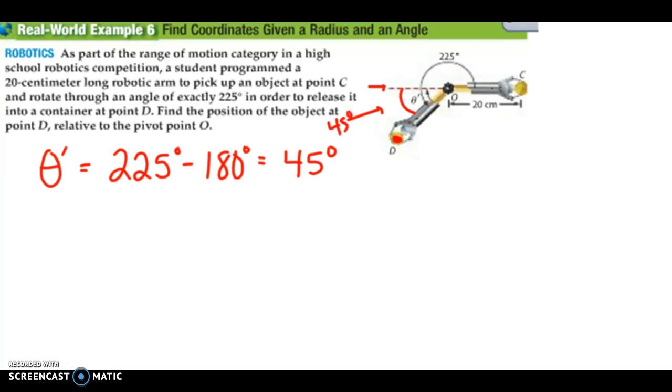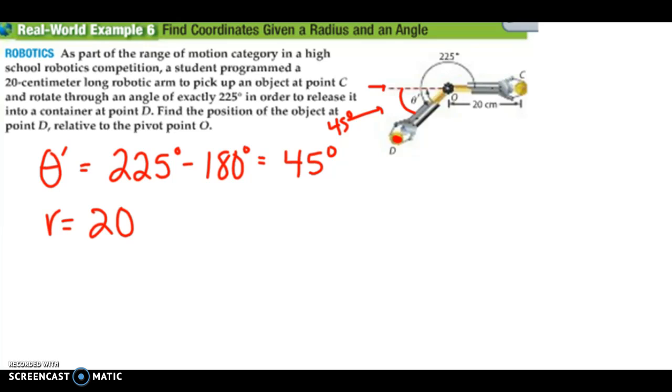So the arm has turned 45 degrees past our reference angle of 180 degrees. Now, we also know the radius of our arm. That's 20 centimeters. So my radius is 20. So if I need to figure out x and y, I'm going to use my sine and cosine values of my reference angle to figure out x and y.